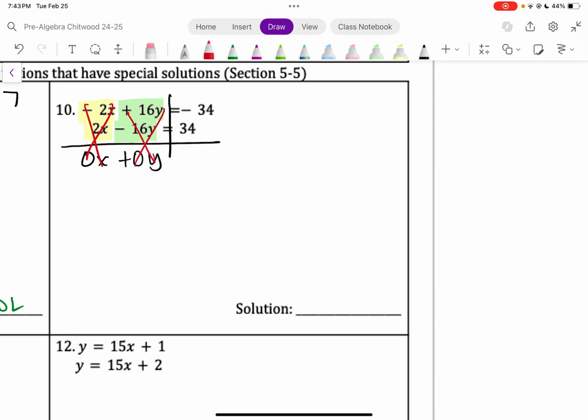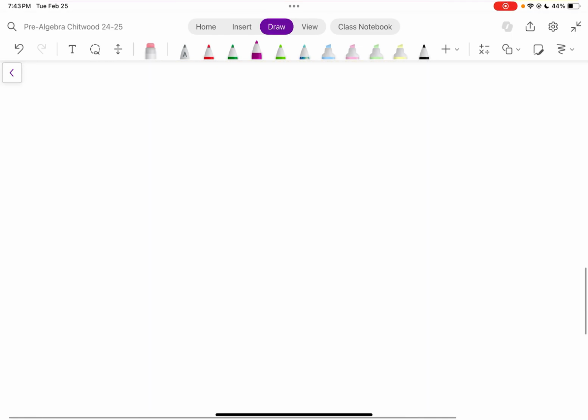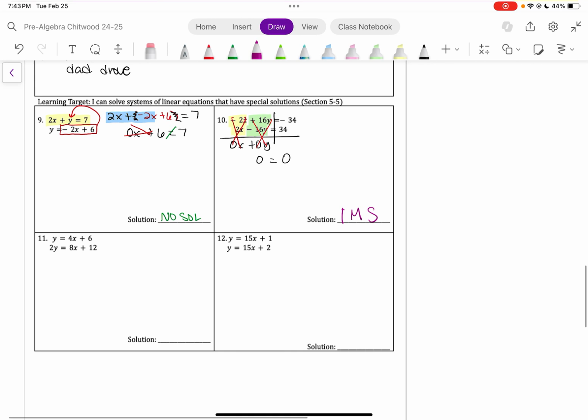This gets eliminated. That means the only thing on the left side is 0. Then negative 34 plus 34 is 0. Oh my gosh, 0 equals 0. That is a true statement. That means infinitely many solutions. If it's a true statement, it's infinite. If it's a false statement, it's none.